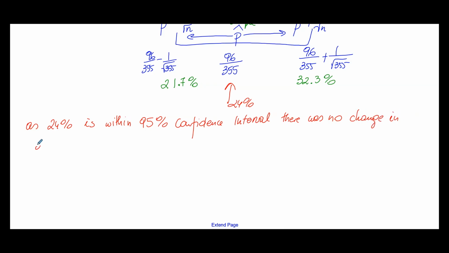in the percentage of people who ran the park run in less than 25 minutes. Basically, what we are saying is that the null hypothesis stands.